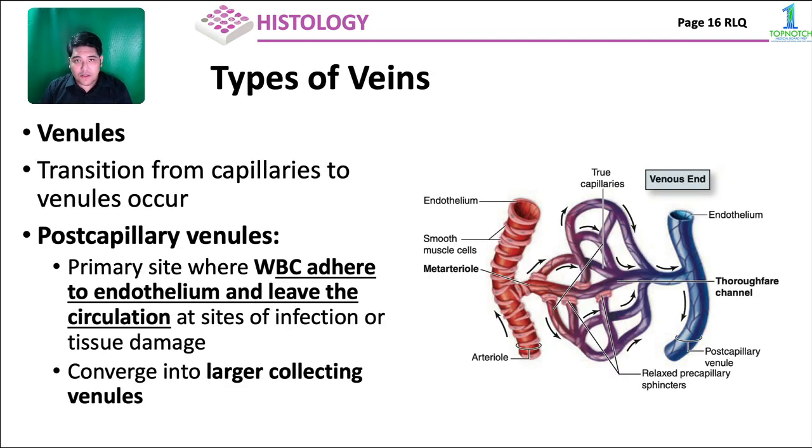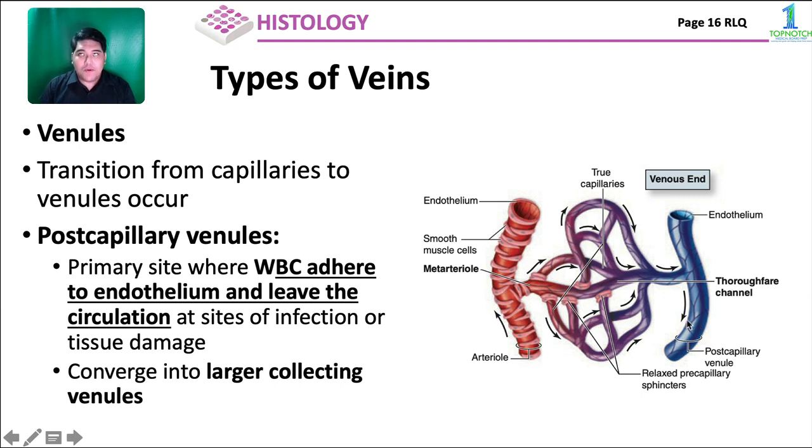Now, let's go smaller, your venules. No? Transition from capillaries to venules occurs at the post-capillary venules. Importante ang post-capillary venules kasi ito yung primary site kung saan yung WBC nyo ay nag-adhere sa inyong endothelium and leave the circulation, go through the tissue, and converge to larger collecting venules.